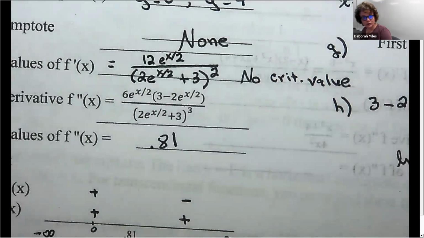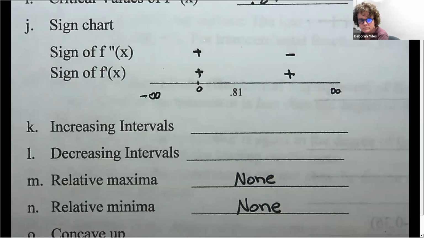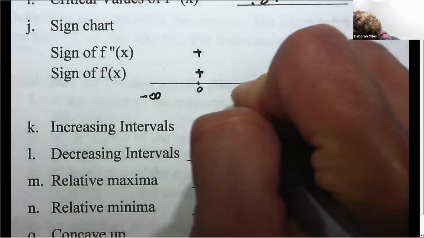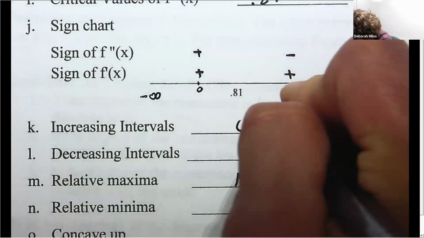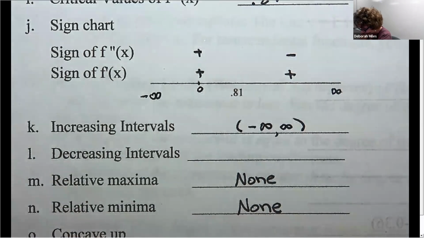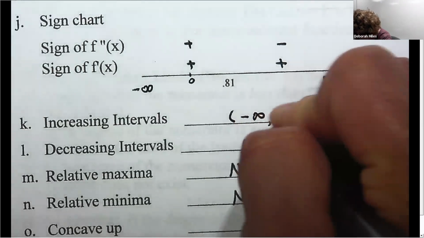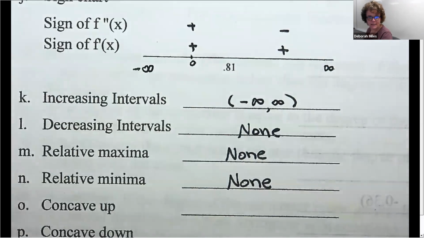So where is this function increasing? With any skips, hops, or jumps in the middle? No, just negative infinity to infinity. Strictly monotonic. What about decreasing intervals? There are none. What about concave up?